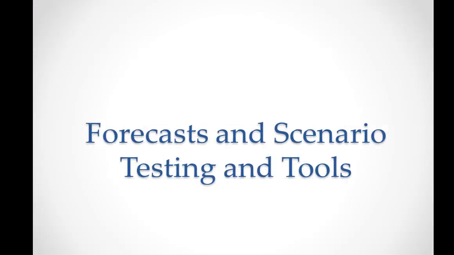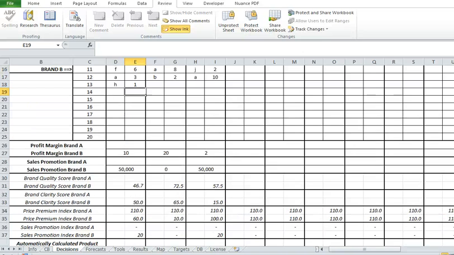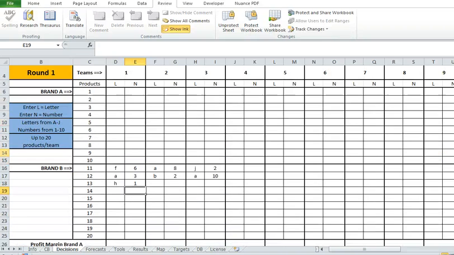Let's now go forward into more complex decision making. Let's start looking at various forecast and scenario testings that we can do, and also look at the tools tab. When we're thinking about making a decision for next year, there are two things we can do.